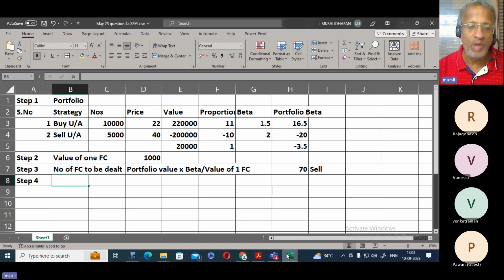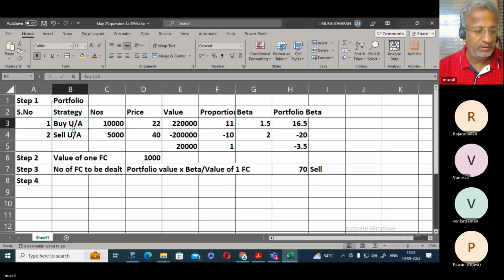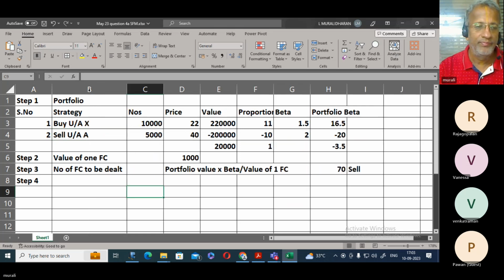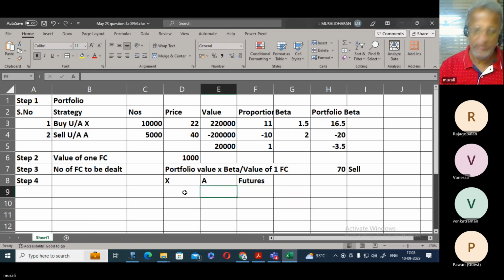So what would be happening for X, A and futures at maturity?